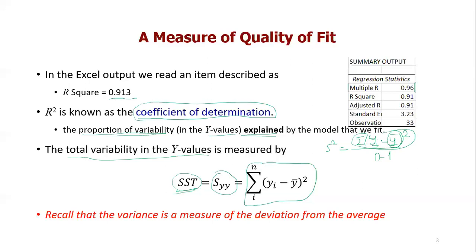We square it and sum them. So this is the total variation in the data. Then we divide it by almost n, and we find the variation per unit.